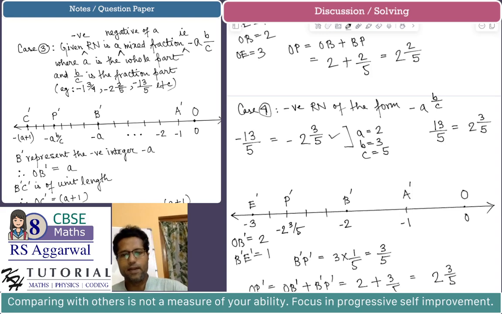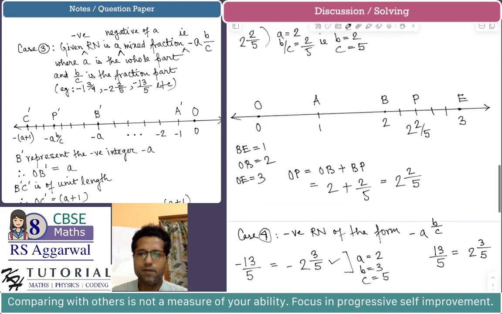You have known that line as the number line. But once you are representing rational numbers, then this number line is known as the real line, because this real line contains all the rational and irrational numbers. Irrational numbers you will study in class 9. So this brings to an end the discussion of how we represent rational numbers on the real line.